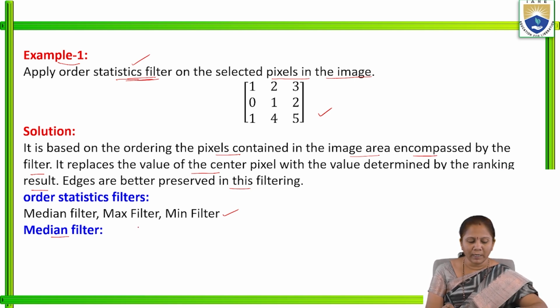If you arrange all the pixels in ascending order, the order will be 0, then the next three 1s, then two 2s, then 3, 4 and 5.